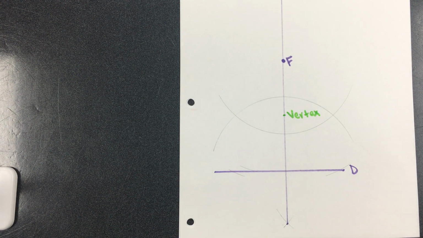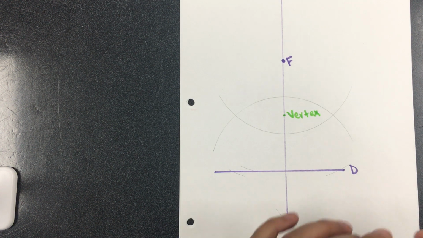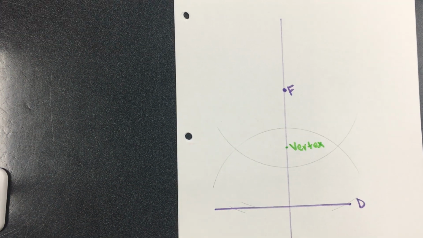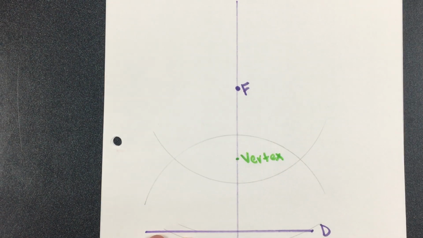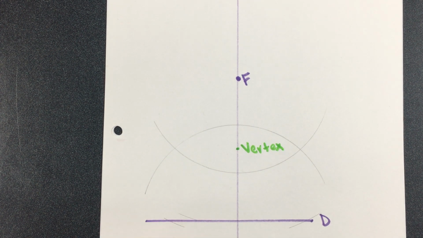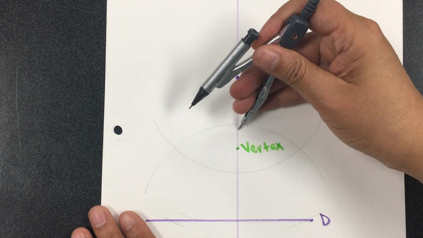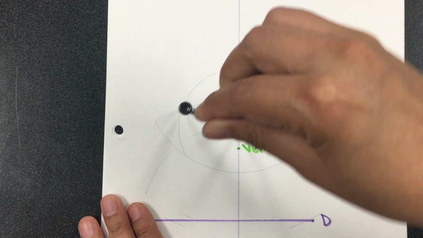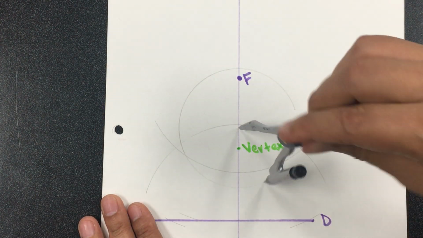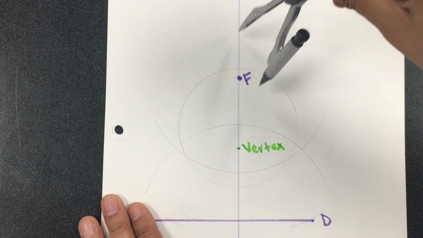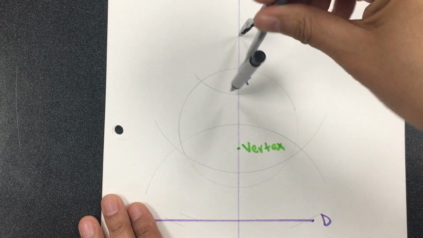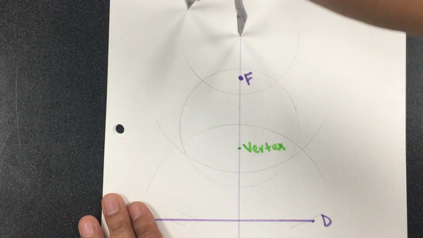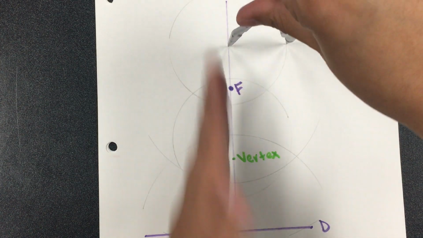From there, the next step is to do lots of circles. So you can open it or close it. And I think I want to zoom in a little bit. I just start doing lots of little circles to find intersections. And I'm trying to find lines that are perpendicular to the purple vertical line.